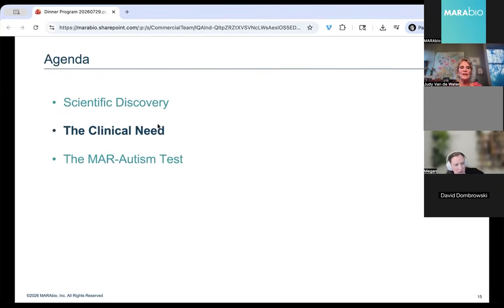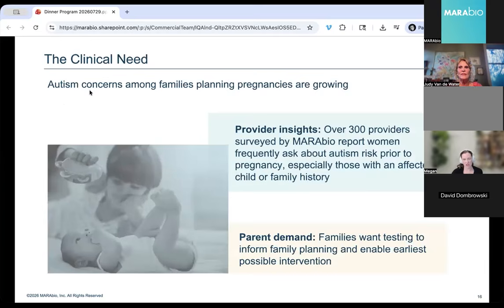Okay. Yeah, so I'd like to first set the stage for the clinical need. I mentioned in the beginning, I have a background as a genetic counselor, specifically in a laboratory that was offering the common genetic tests in postnatal neurodevelopment. And one of the number one questions that a lot of families would ask is, what is the likelihood of having a child with autism?